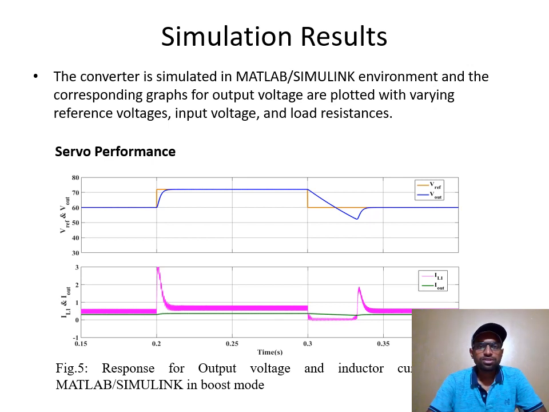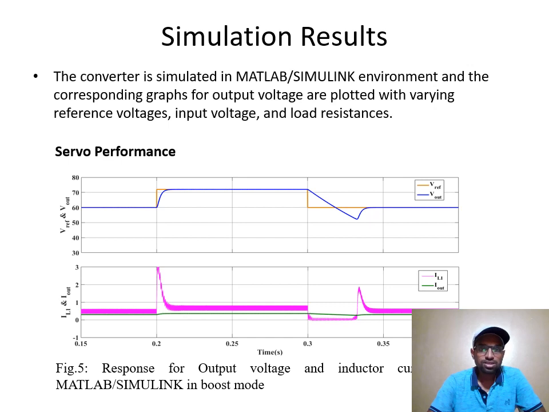Simulation results. The simulation has been done for both the boost and buck modes of operation, but here I am showing only the boost mode. This one is the servo performance, where the reference voltage is set to some value and the controller tracks the output to that value. The initial value of the reference was set at 60 volt, and at time t equals 0.2 the reference was changed to 70 volt.